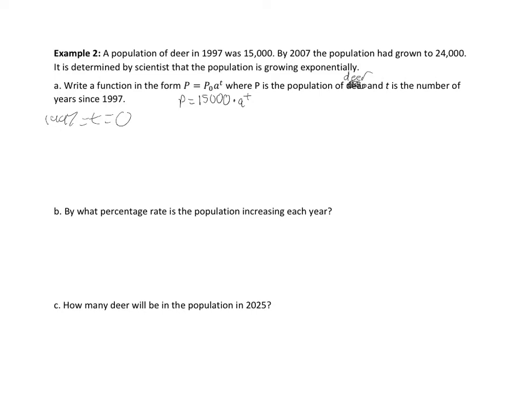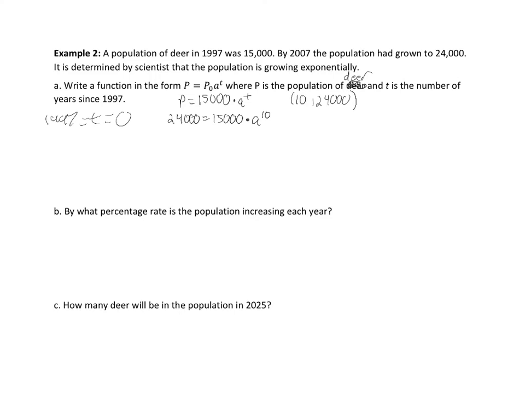That's a point. In 2007, t would be 10, and the population's 24,000. So t is 10 because it's 10 years since 1997. So we're going to use this fact: 24,000 equals 15,000 times a to the 10th.